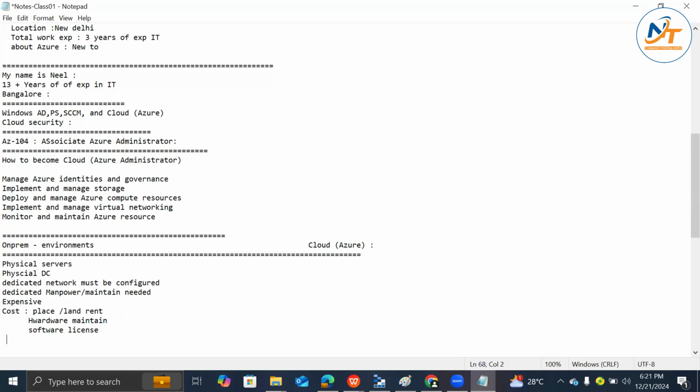We all need to consider these. And sometimes for maintenance, every year or after two years, we have to upgrade or migrate our resources.